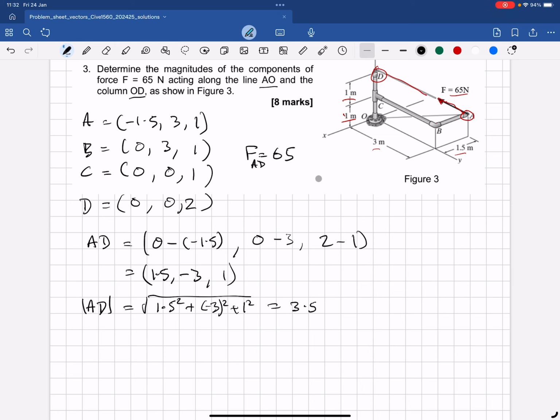The magnitude of AO is also going to be the same size, which is the square root of minus 1.5 squared, the same as 1.5 squared, plus 3 squared plus 1 squared, which is 3.5.